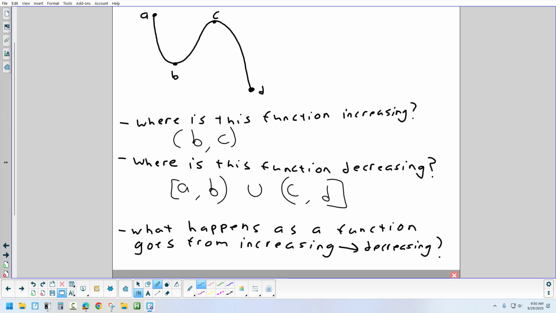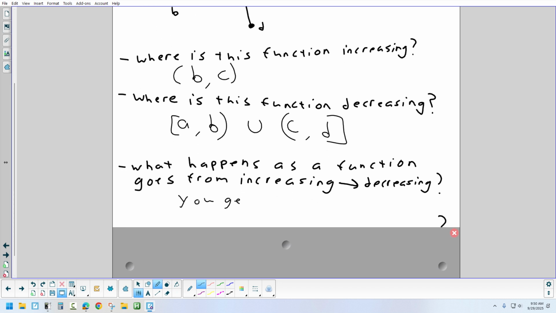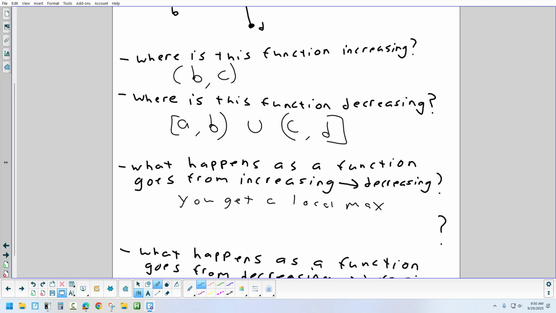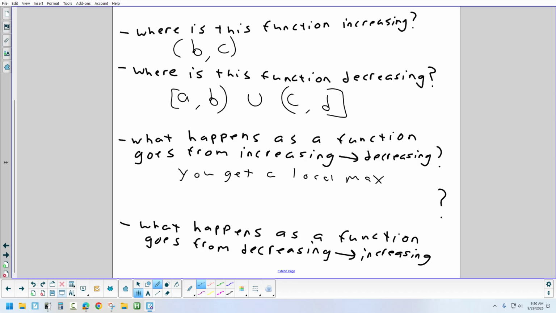What happens, and I kind of hinted at this earlier, as a function goes from increasing to decreasing? What ends up happening on the graph if you go from an increasing slope to a decreasing slope? Yeah? You get a local maximum. Yep. And the reverse of that, if you go from a decreasing or a negative slope to an increasing, you get a local minimum.